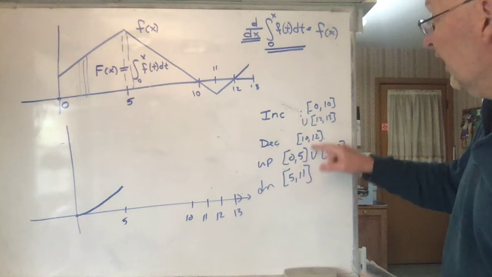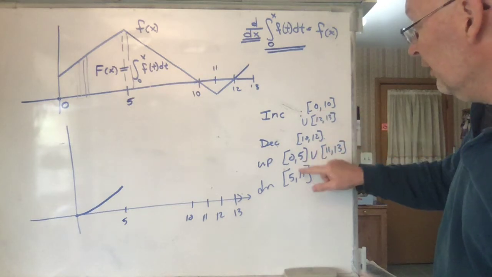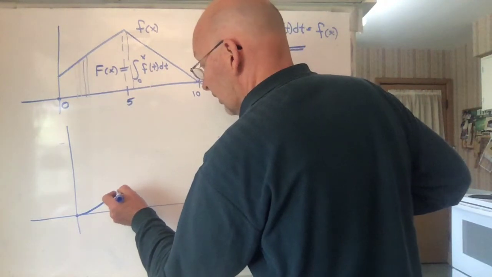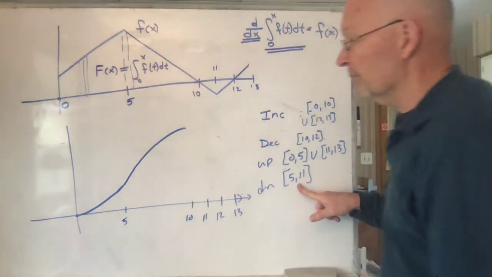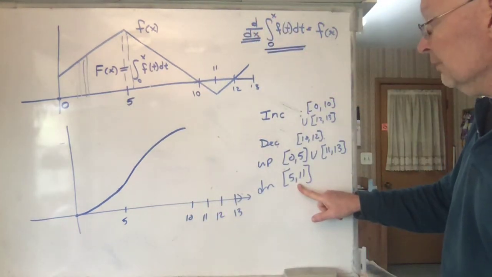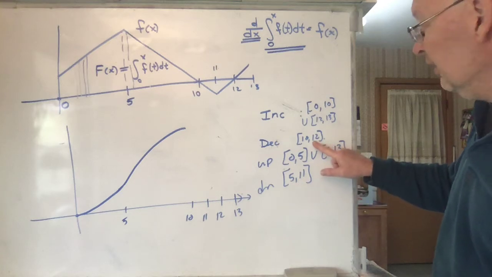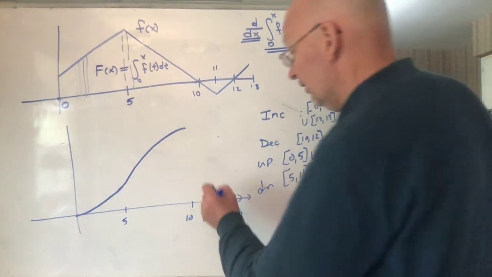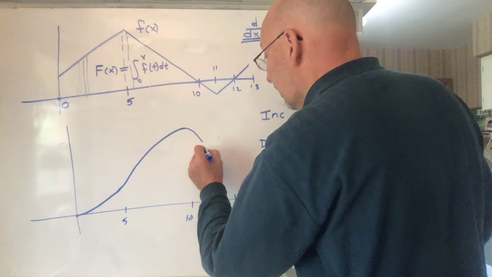Once you pass 5, it's still increasing until we get to 10, but now it becomes concave down. So until you get to 10, it's still increasing but concave down. What happens once you get to 10? Now it starts decreasing. It decreases to 12. It's concave down until you get to 11. So there you are at 11.